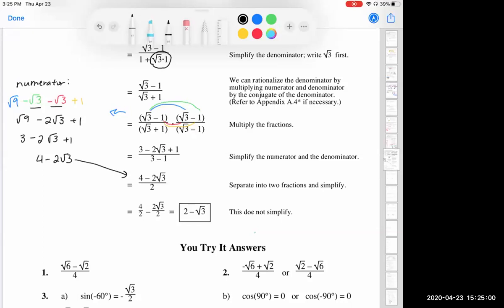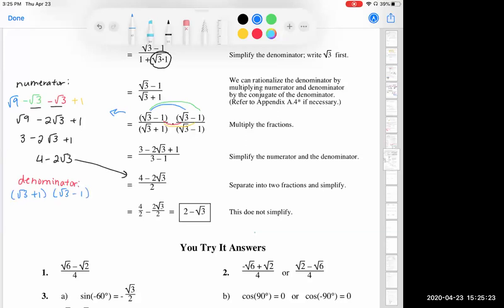Now what happened in my denominator? In my denominator, I have to multiply those two denominator numbers. So we have square root of 3 plus 1 and square root of 3 minus 1.